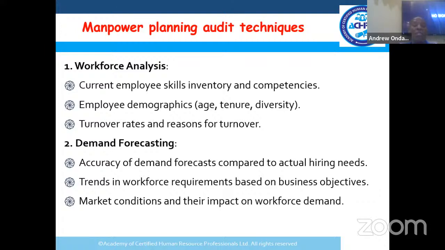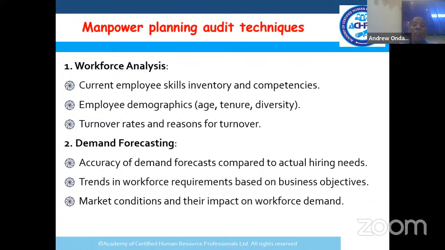One, at the organizational level, where we are looking at the number of people who are recruited or promoted within a year or 2 years or 3 years. So taking stock of the numbers, we are able to forecast the number of people who are likely to join the organization.